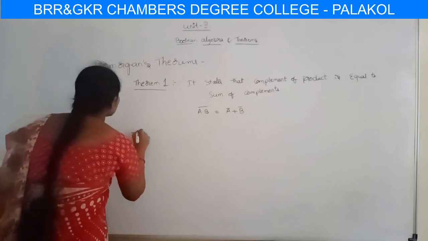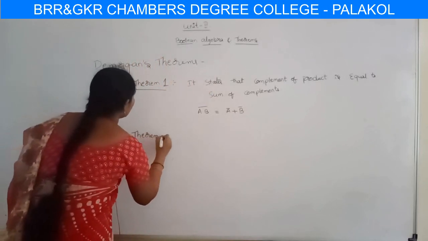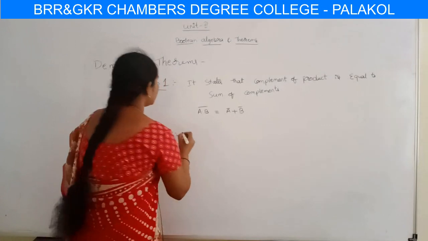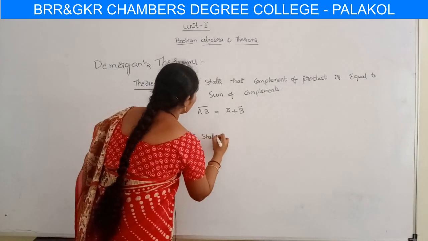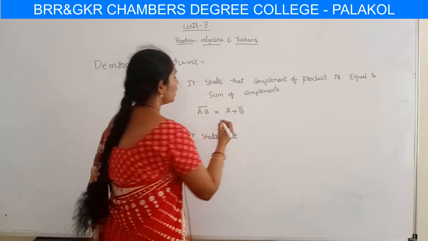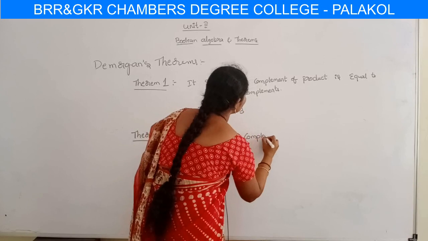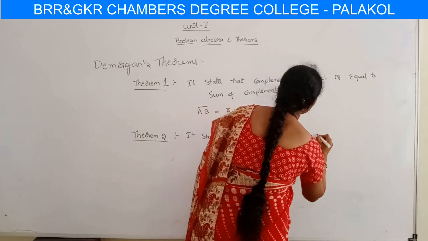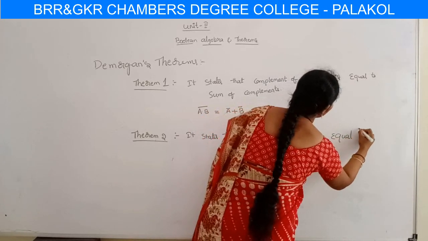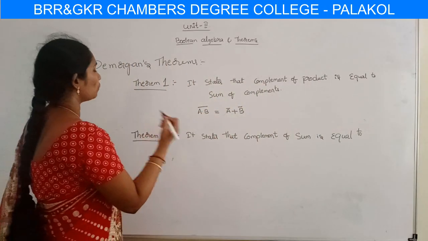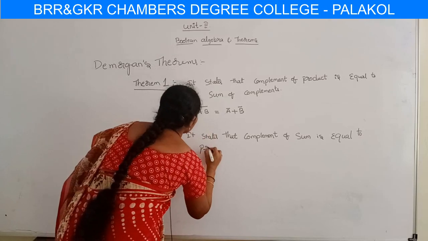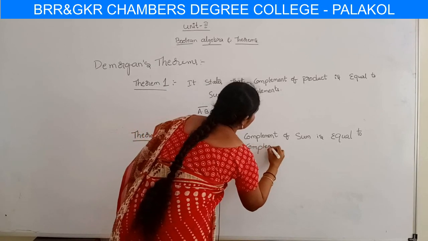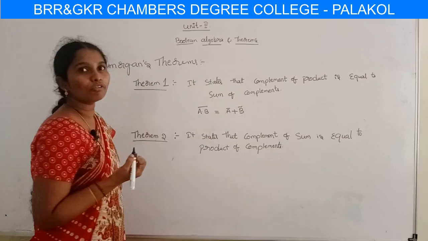The next is theorem number 2. The theorem states that the complement of a sum is equal to the product of complements.